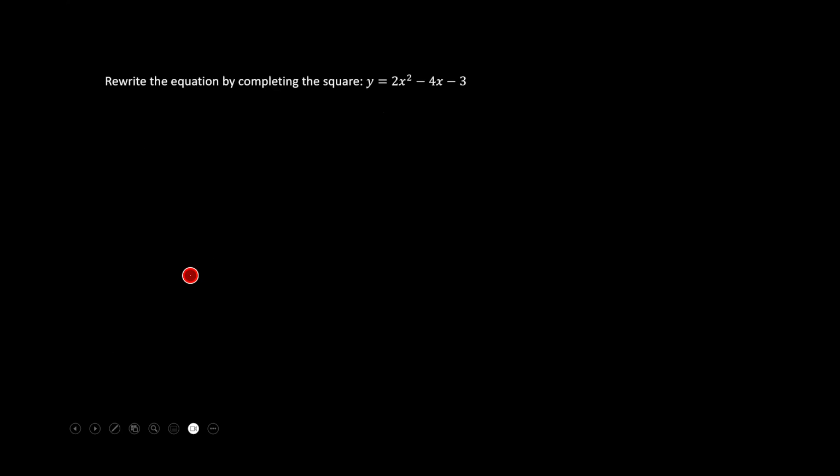So here's one problem. Let's complete the square. So again, the idea is to write it as, so let's go ahead and find, first of all, write what a is. B is negative 4, and C is negative 3.